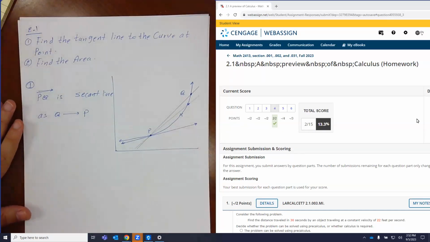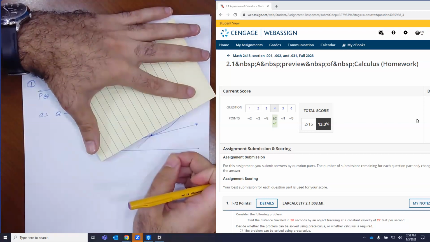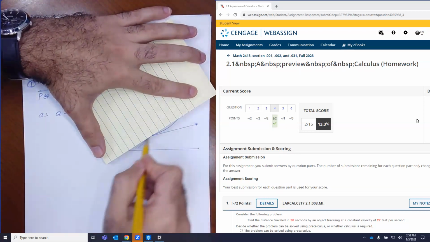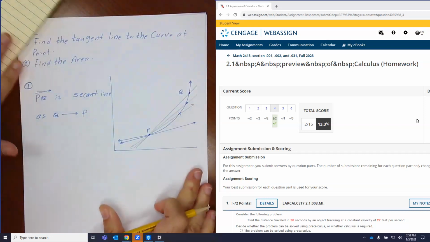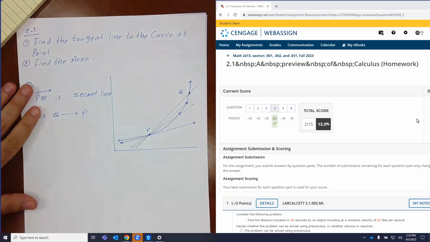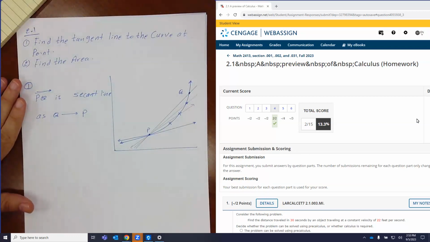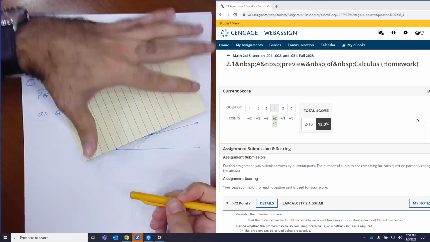So now, here is the new location for the point Q, and here's our new secant line. Keep going. The new location for the point Q is going to be here. We're going to get another new secant line.